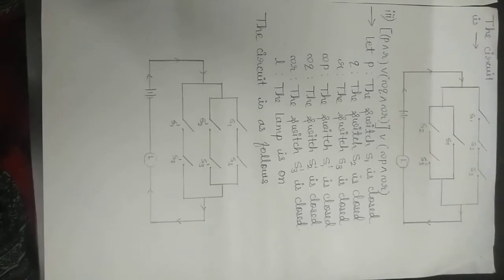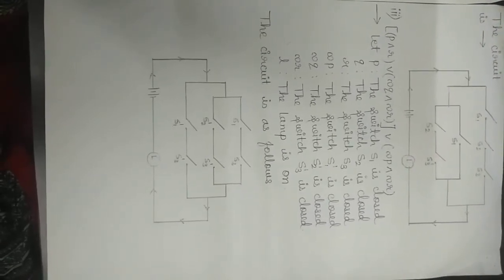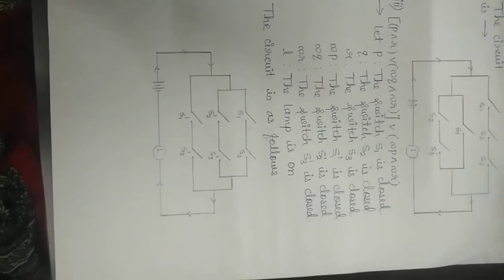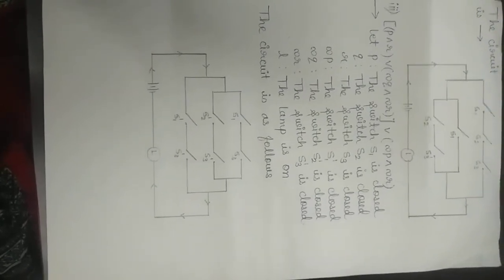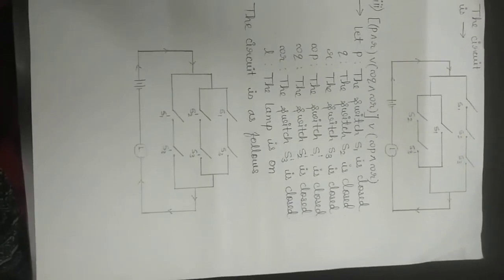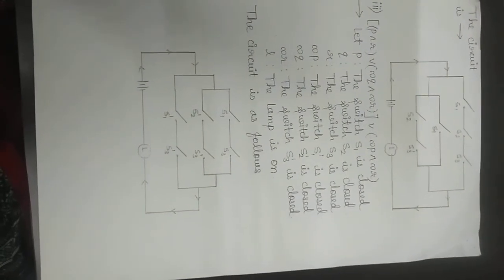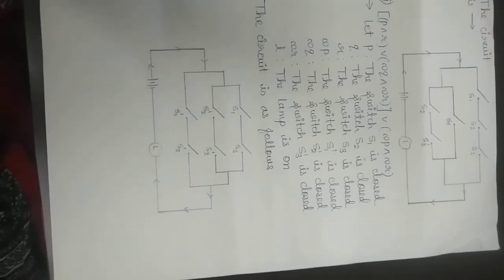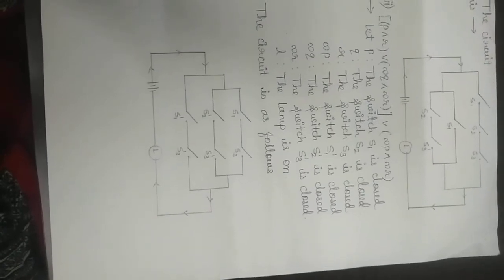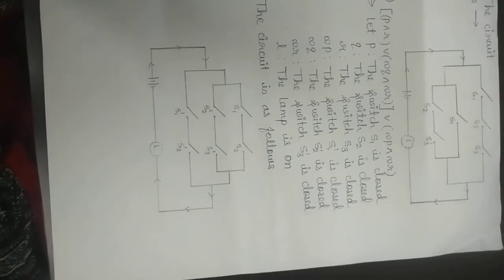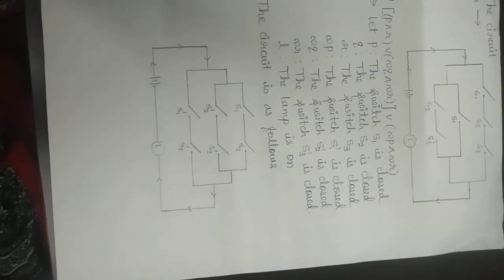After completion of this part, we move towards the application of logic to the switching circuit, where we learn that when the circuit diagram is given, then how to write the description for the switches, and then how to write the logical expression, that is when the switches are connected in series, when the switches are connected in parallel, then how to write the logical expression.